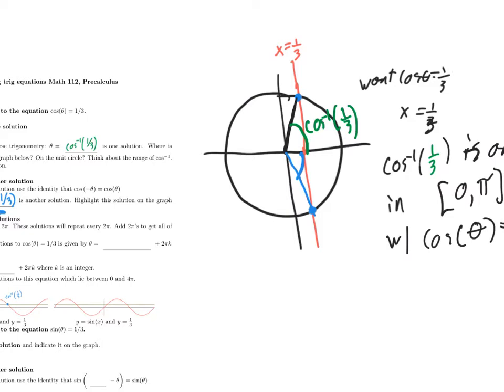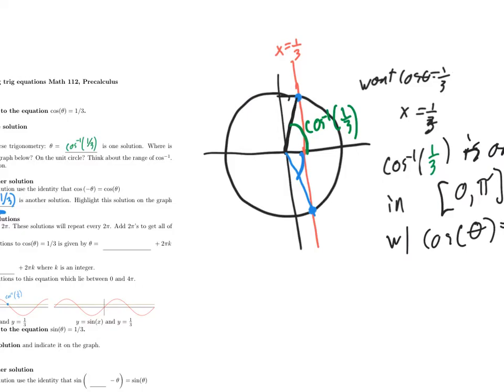But there's more than one way I could get to this point on the unit circle. One way is by rotating by inverse cosine of 1/3. Another way is by rotating by 2 pi and then inverse cosine of 1/3. Or rotating backwards by 2 pi and then forward by inverse cosine of 1/3. In general, all of the ways that you can get to this line are given by this angle plus any multiple of 2 pi.